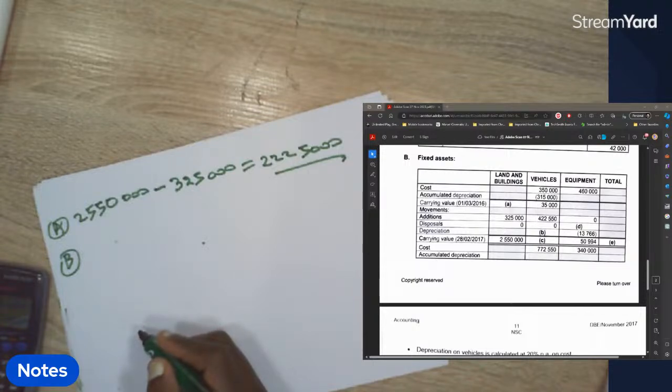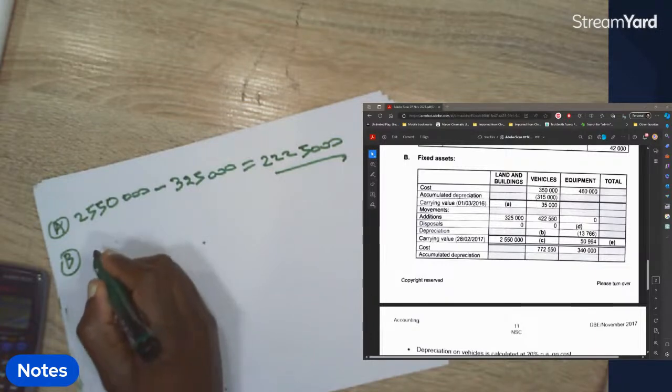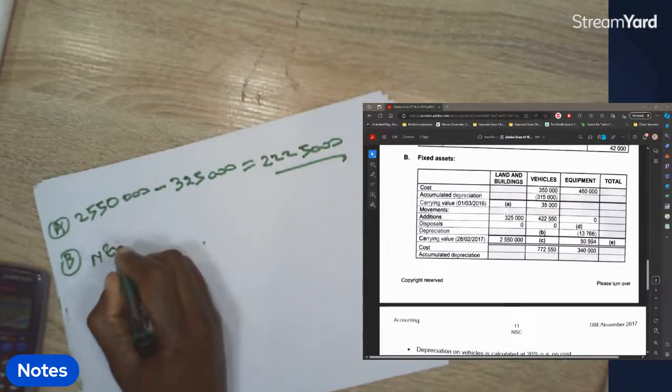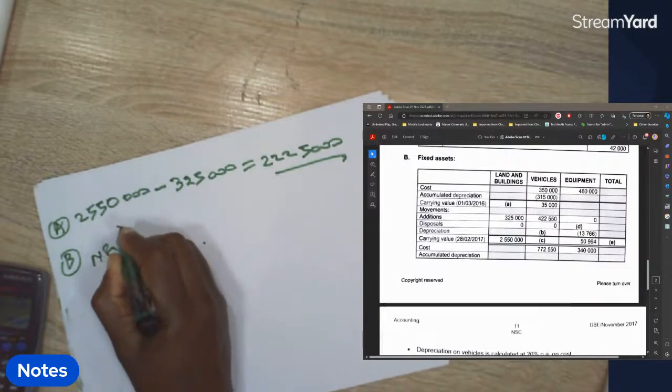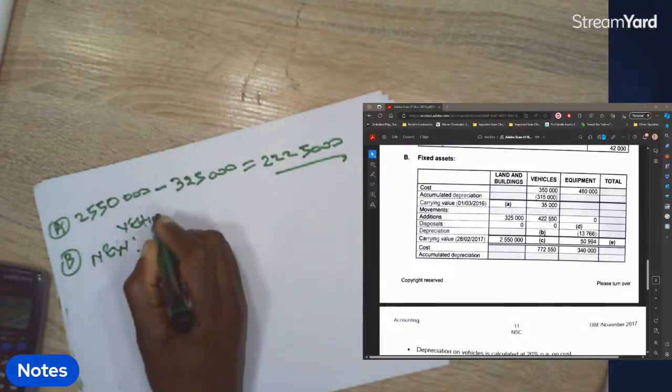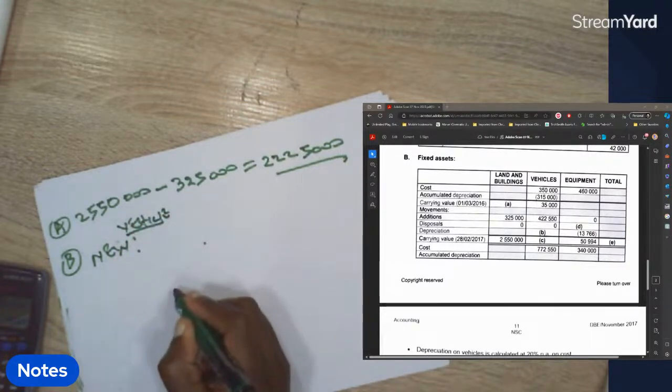On 28th of February 2017, one of these vehicles was purchased. Our year end is September. So for the opening balance, we've got the new vehicle and the old.